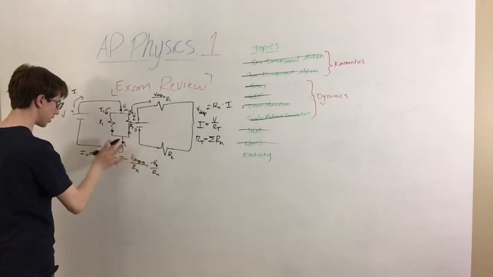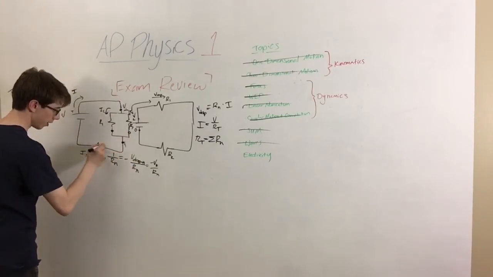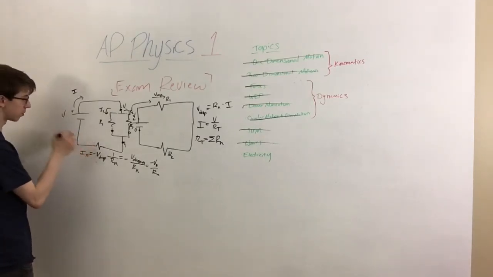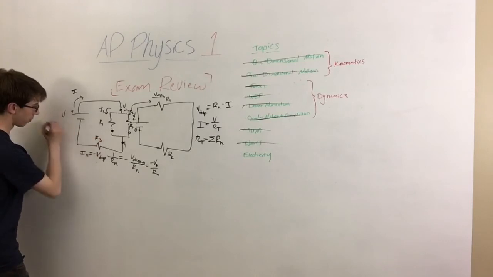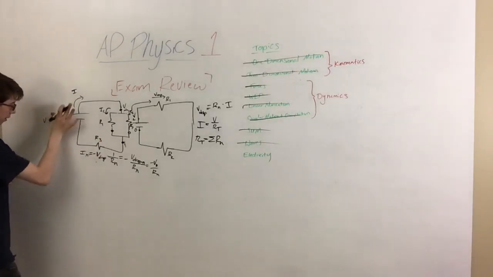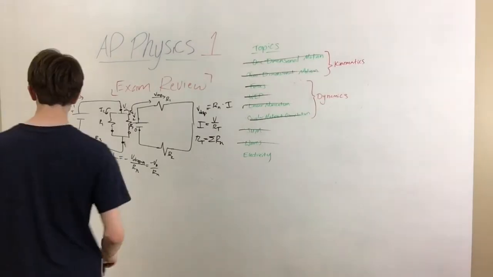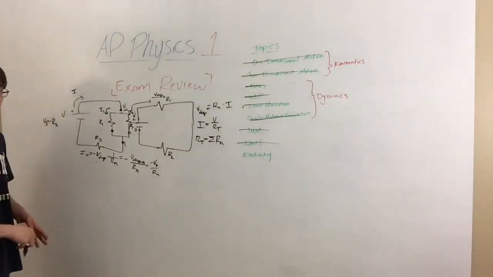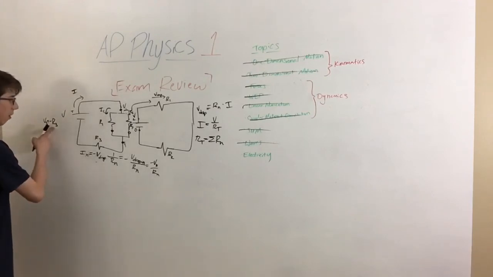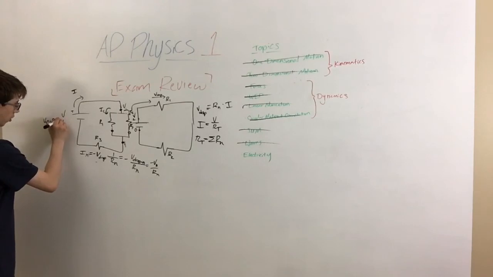If there was another resistor here, we could calculate the voltage drop of this resistor, which we'll call R3, voltage drop 3, or we could just say V3 is equal to. So your voltage drop at the third resistor is going to be equal to negative R3 times the current.